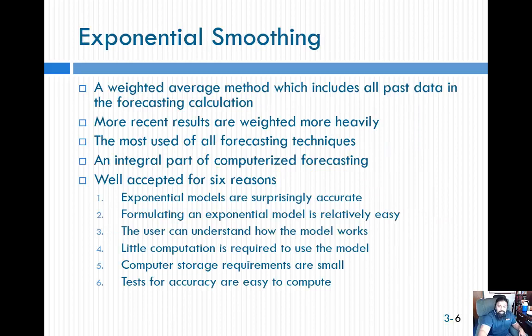Now the next is exponential smoothing. The simplest of the exponential smoothing methods is called simple exponential smoothing, or SES, or sometimes single exponential smoothing. This method is suitable for forecasting data with no trend or seasonal pattern.